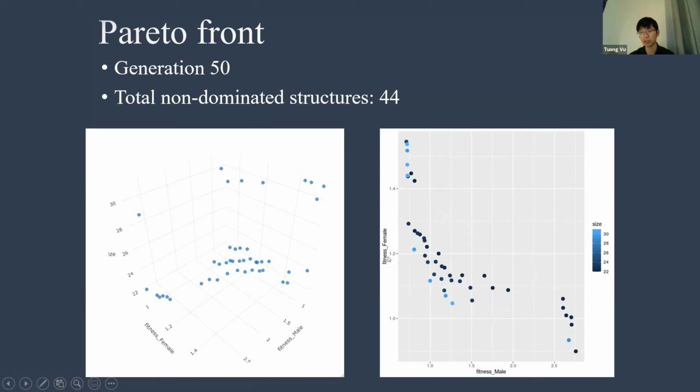If you want to have better fitness for male and female, you go over this area. In order to do that, the size is going to be bigger, right? The size goes from dark to a lighter blue. So light blue means bigger size, it's more complex. The complexity increases. So there is a trade-off in terms of complexity versus the 2 fitnesses as well.